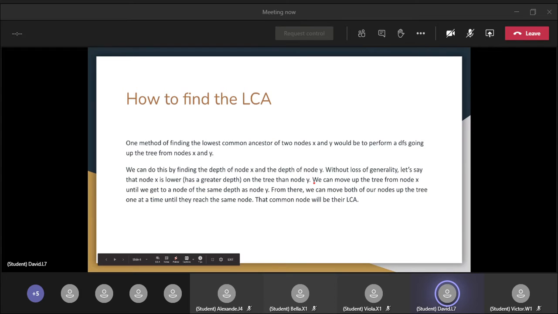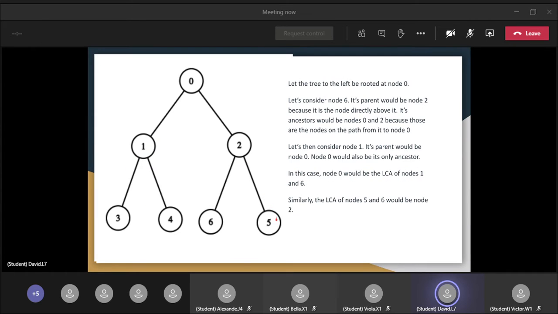Then we can just move up the tree from node x until we get to a node of the same depth as node y. Since we're considering nodes 1 and 5, we're going to move up the tree from node 5 until we get to the same height as node 1. Node 1 has a depth of 1, and if we move up the tree from node 5 until we get to a depth of 1, we would get to node 2.